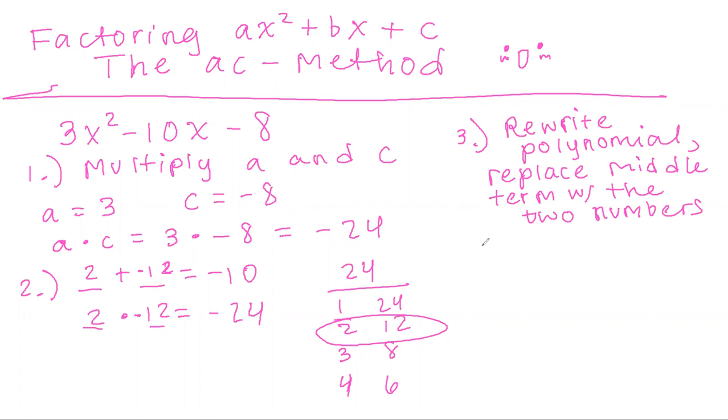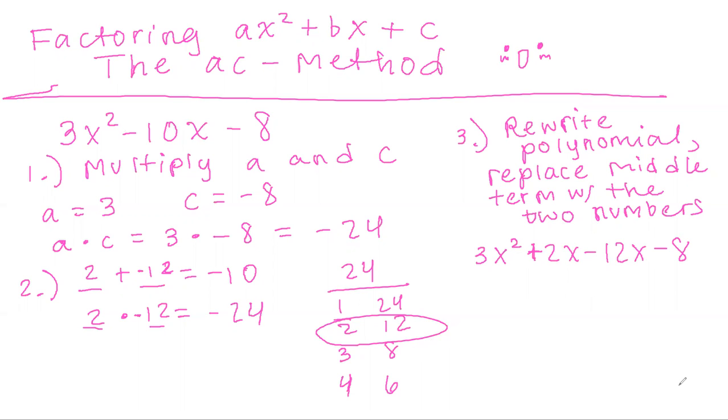So what I mean by that is I get 3x squared, replacing -10x, I write it as plus 2x minus 12x minus 8. So this is what I have so far. As you can see, all I did was change the -10x into this, but it's still equivalent, right? Because 2x minus 12x gives me -10x.